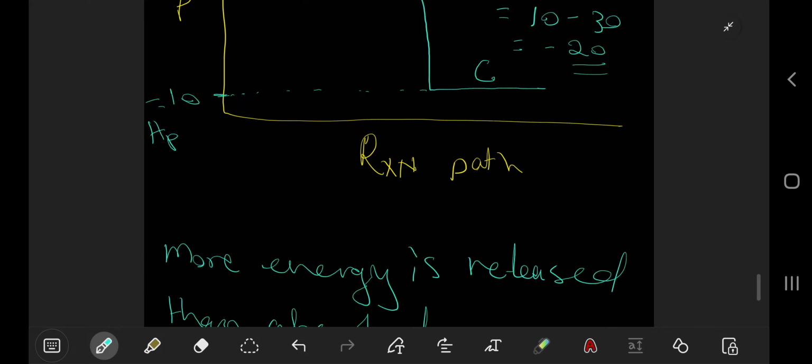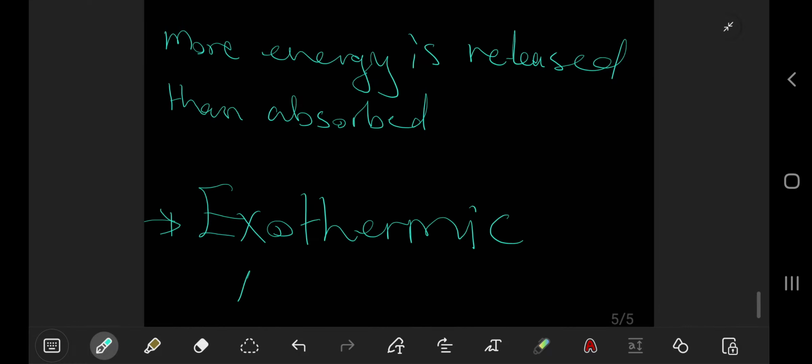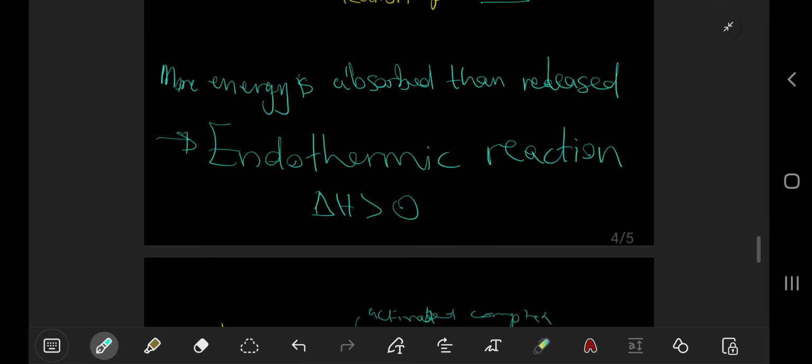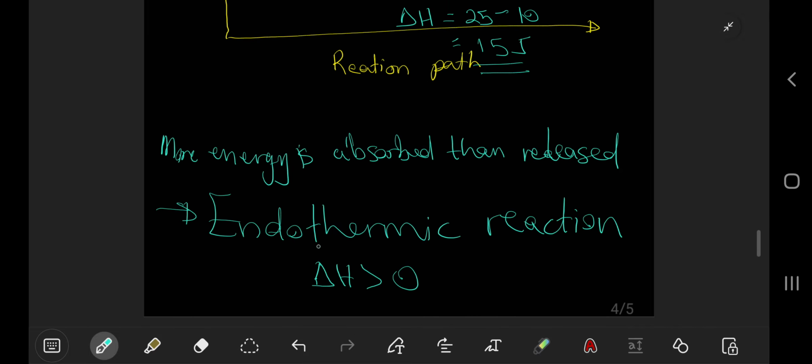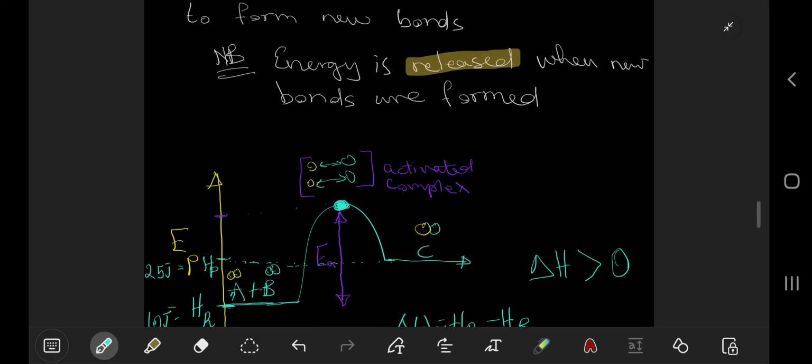You are getting a negative number. So if it's exothermic, your delta H is less than 0. But if it's a positive number, your delta H is greater than 0, which means it's an endothermic reaction. So those are the two types of reaction.